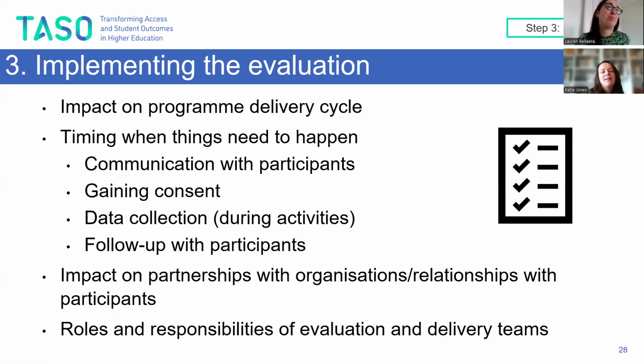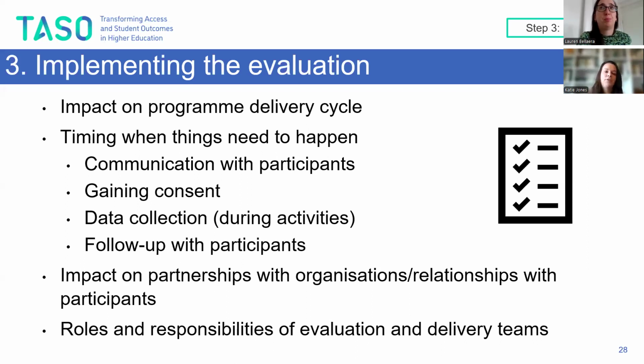And then, so you've got your approval, you've got your protocol, you are now in the stage of implementing your evaluation. One of the practicalities that you'll really need to consider is the consequences of running something like a randomized controlled trial on the standard delivery cycle. A randomized controlled trial can really extend and have quite a lengthy time frame because you have to consider all the activities that you'll be conducting before the program is delivered and also afterwards.